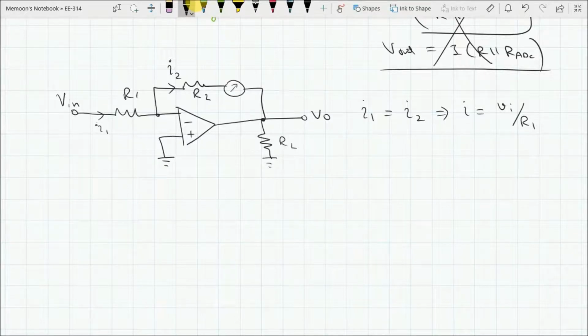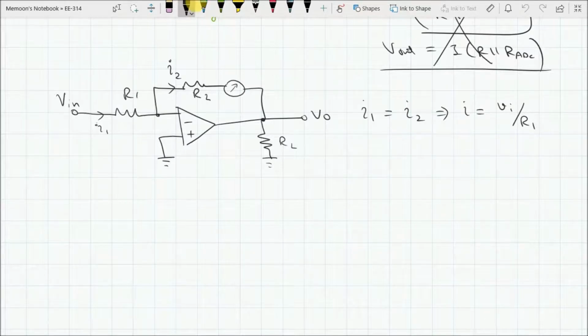Whichever load resistance you connect at your output and whatever R2 is there does not affect the amount of current flowing through this circuit. So we have successfully converted our input voltage to an output current, and that output current can be taken here.